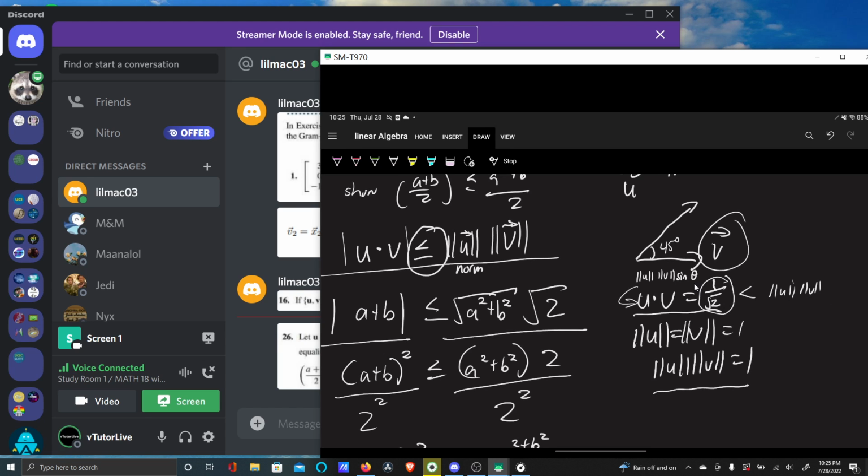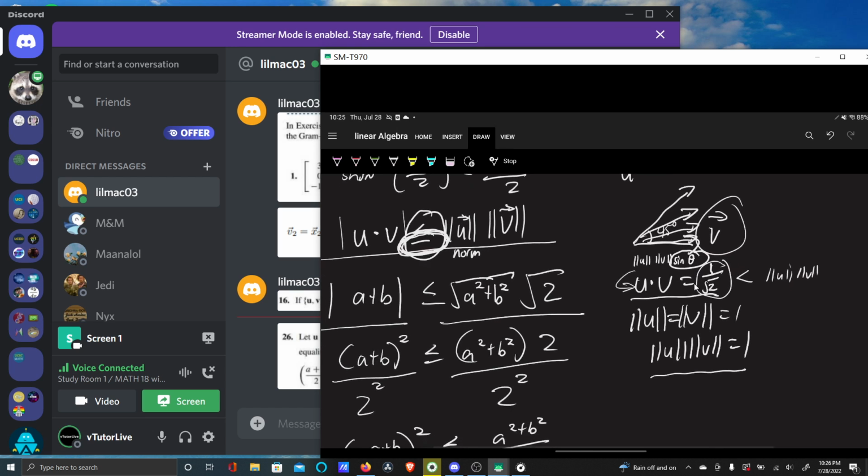And what we find is that as the angle gets closer and closer to approaching each other, so that the vectors approach each other, then sine is going to get closer and closer to 1. In which case, as we get closer and closer, the equality is going to be achieved. Can you sort of see that?